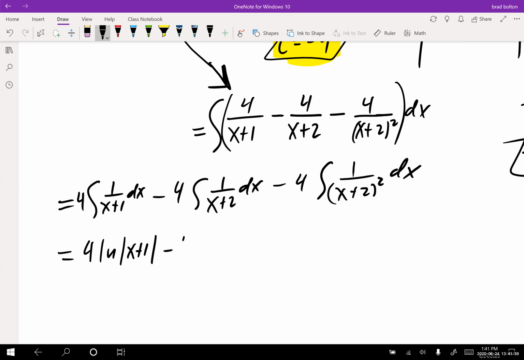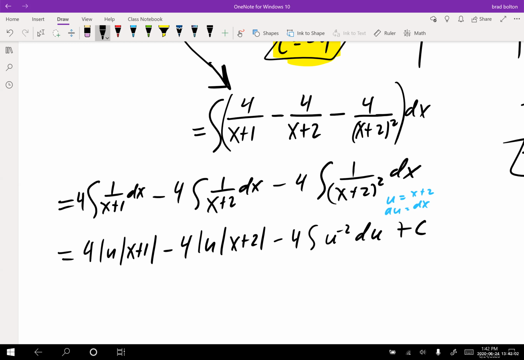So these are the easy ones. A natural log of x plus 2 absolute value. Now this one is actually a little u sub. I got to do u equals x plus 2, du is equal to dx, and then this will become minus 4 integral of u to the -2 du, right? So now plus c.